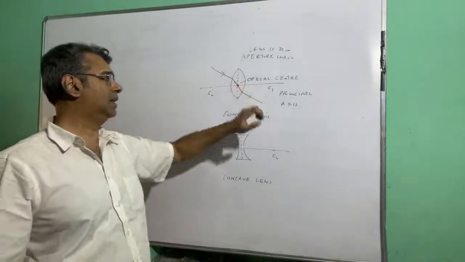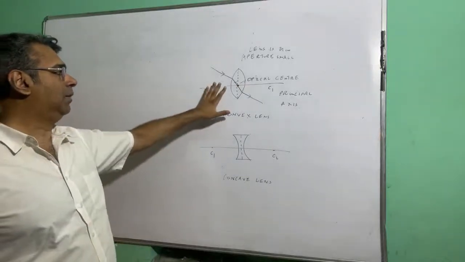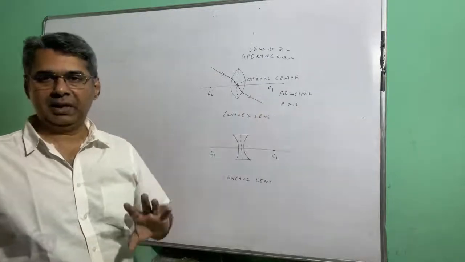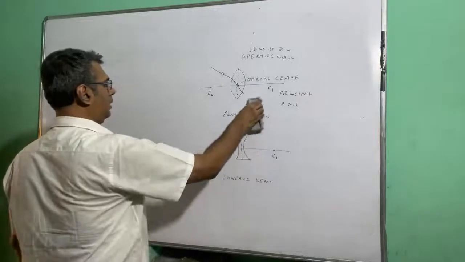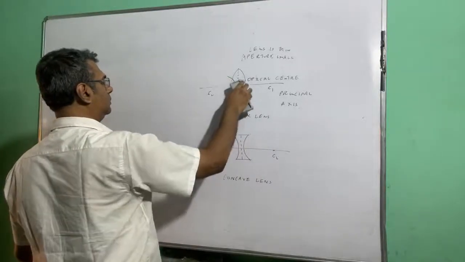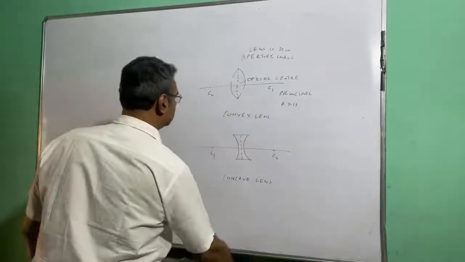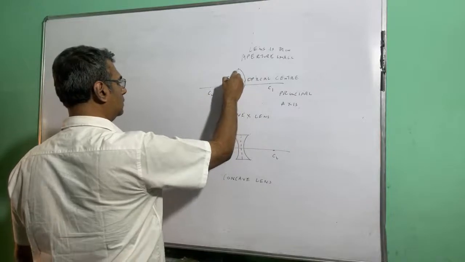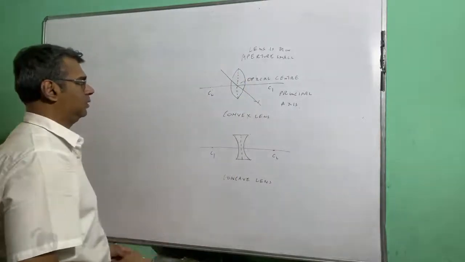So optical center is a very important point, because if I don't show refraction at two places, if I show refraction only at one place, then the ray will just go straight through.